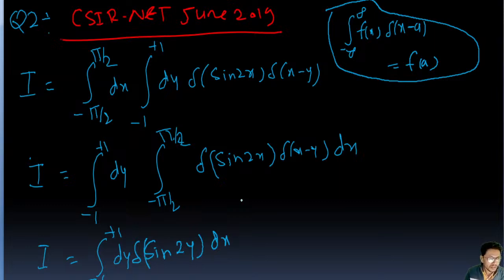It's a very important step. This dy is not part of it, this is just fa, right. Fa is this: del sine 2x is fx here, right, guys, okay. So x minus y is between minus pi by 2 to pi by 2, so this is going to be del sine x, where we replace x by y, like fa. I hope you understood, right. This is a very important step. Now we can easily solve it, okay.